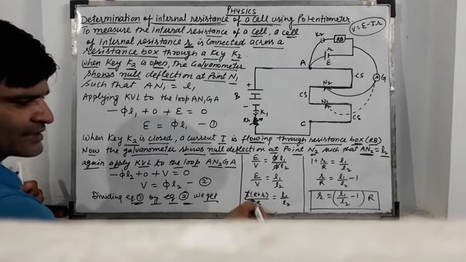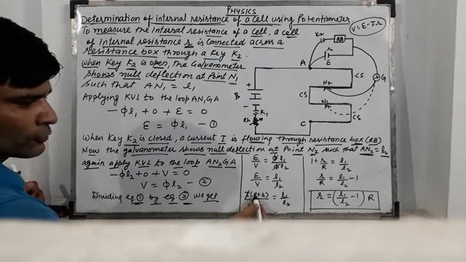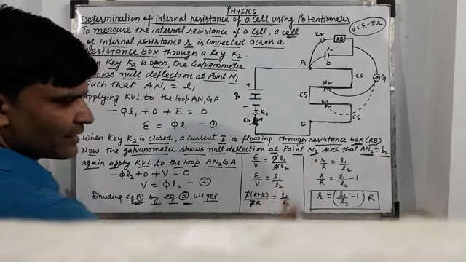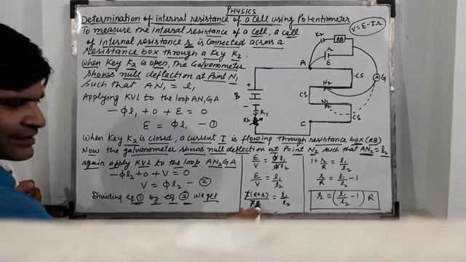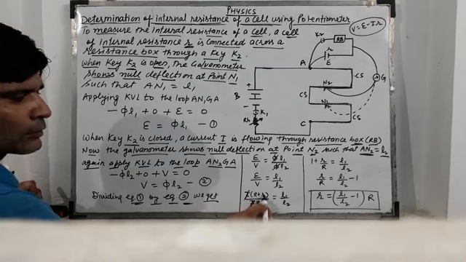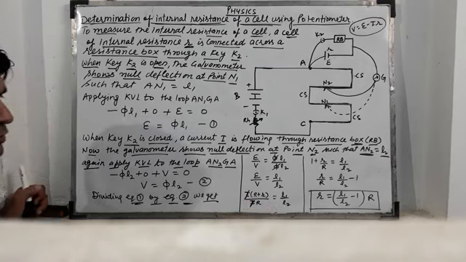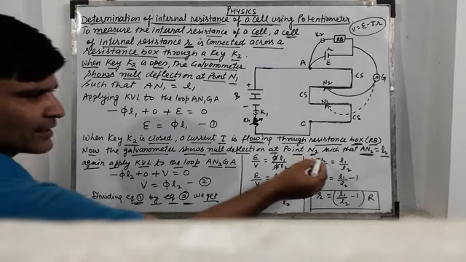I cancels out. So we get 1 plus r upon R, because this R in the denominator is for both, capital R and small r. So R upon R is 1 and r upon R is here.